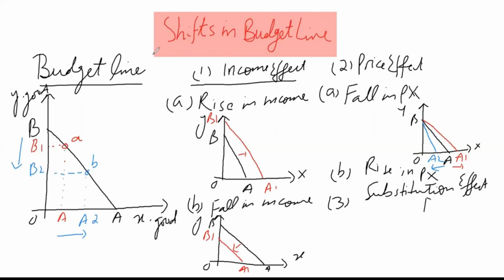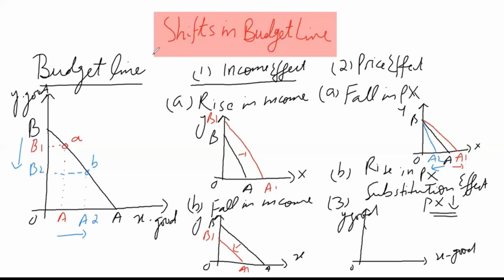In the substitution effect, if we suppose that there is a fall in price of x, then the consumer considers that his purchasing power for x has increased relative to the purchasing power of y good. So let's see how it will change the budget line.